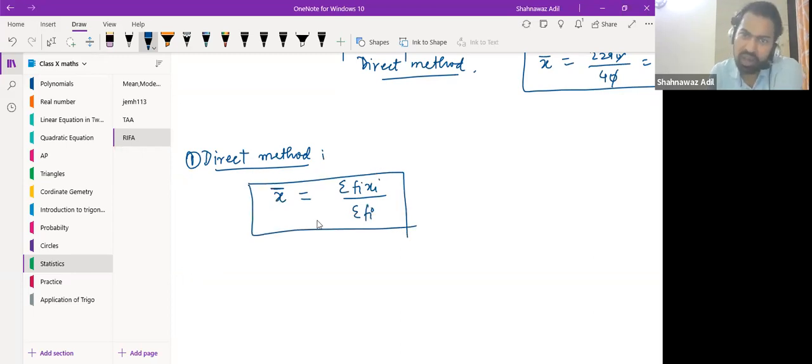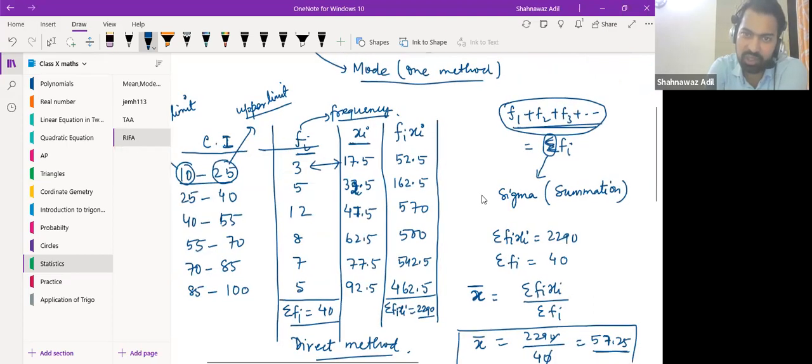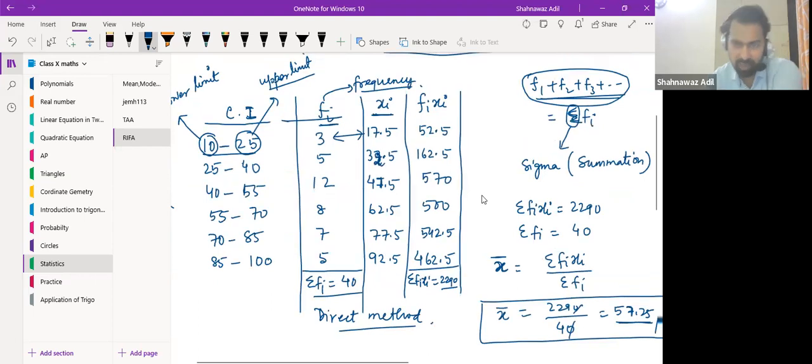Okay. Now let us learn about the second method, which is the assumed mean method. Can I write it down? Yeah. Let me just describe this one, and then you please write. First let us learn about this assumed mean method.